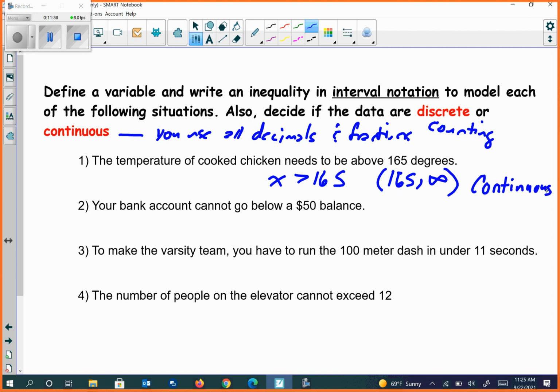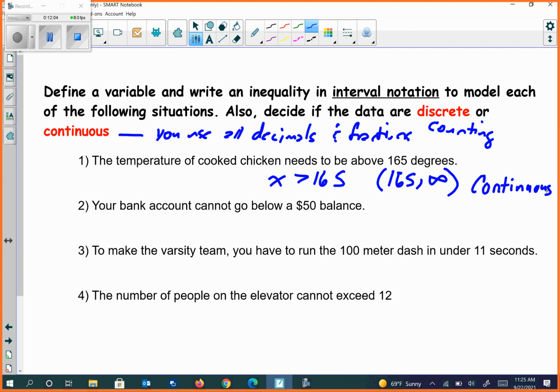Again, because 165.1, 165.11, 165.111, 165.1111, we have all those temperatures. Though our temperature gauge might only read the next higher temperature, the temperature didn't go from 165 to 166 instantaneously. It had to build temperature from 165 to 166.